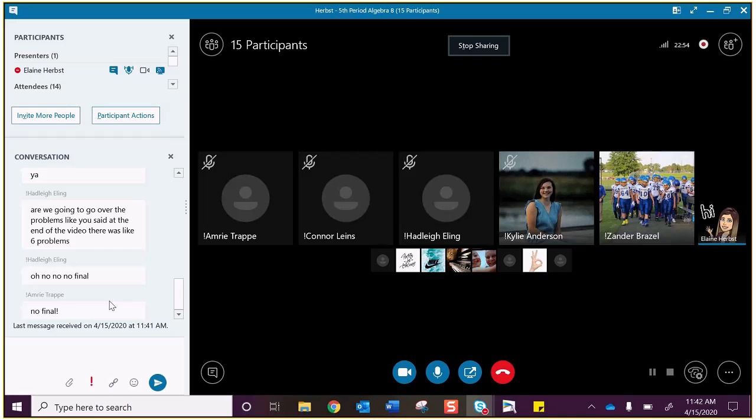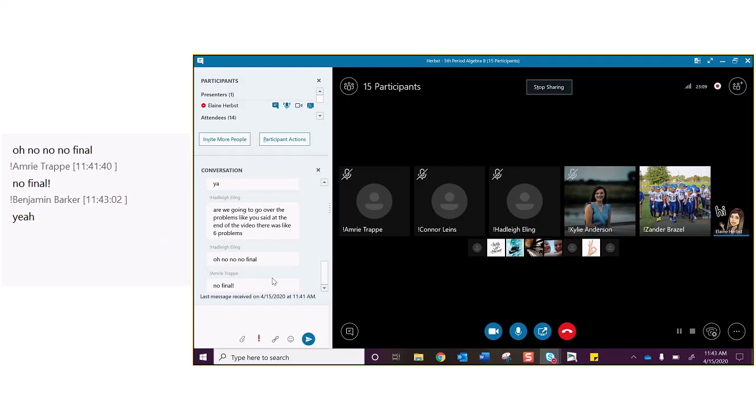Who's to say kids aren't going to cheat on the final? Well, it would be on Canvas, like a Canvas test. I could just easily pull up my phone and do it. Yeah, you could, but we were told we have to give you something at the end. I asked, what about just the unit test, because we're wrapping up another unit?